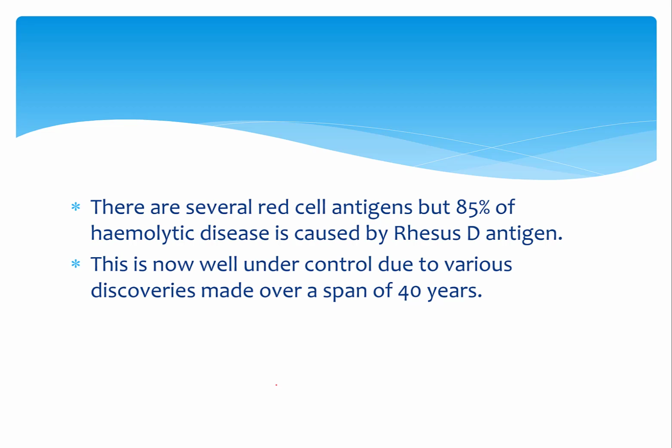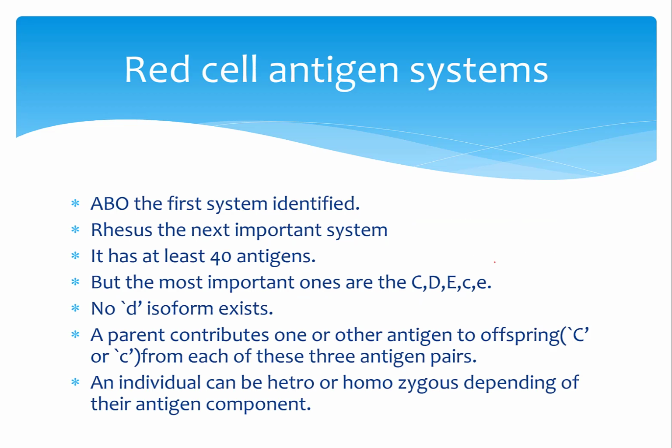One is KID, another one is Duffy, and KEL, and MNS, all these are antigens which are capable of causing hemolysis in the fetus, but they are rare. The commonest, or 85% of all these hemolytic diseases caused by red cell antigen, is caused by Rhesus D antigen and its alleles. This is now, as I mentioned in the introduction, well under control because of the discoveries made over the last 40-50 years.